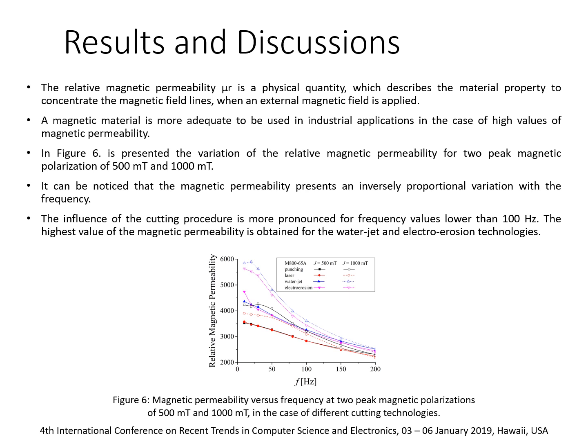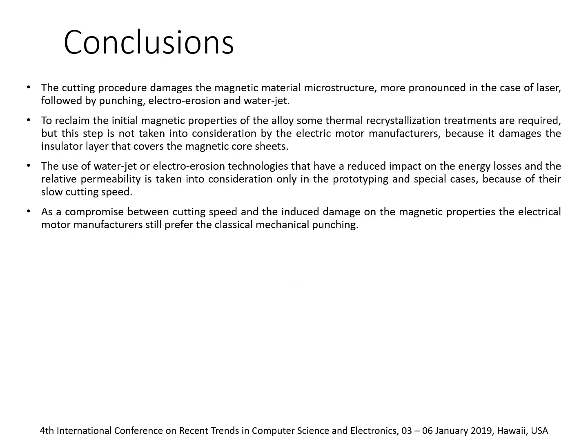It can be noticed that the magnetic permeability presents an inversely proportional variation with the frequency. The influence of the cutting procedure is more pronounced for frequency values lower than 100 Hz. The highest value of the magnetic permeability is obtained for the water jet and electroerosion technologies.